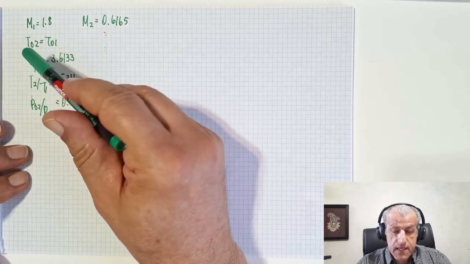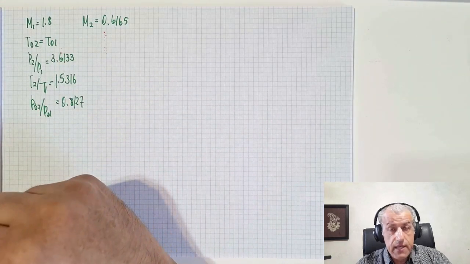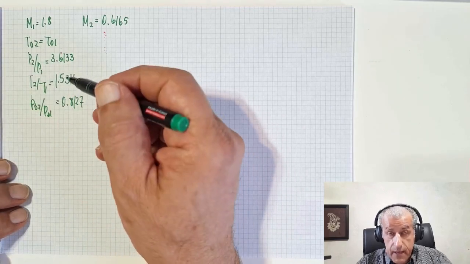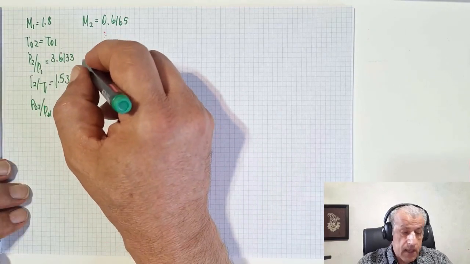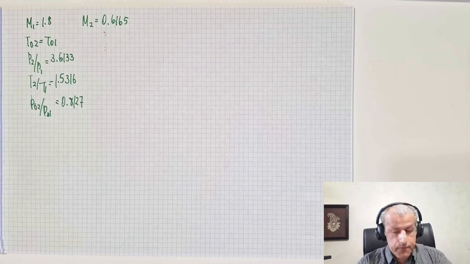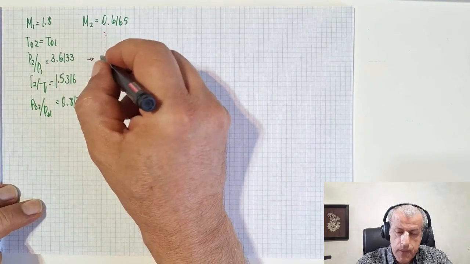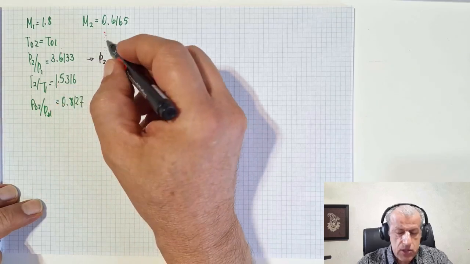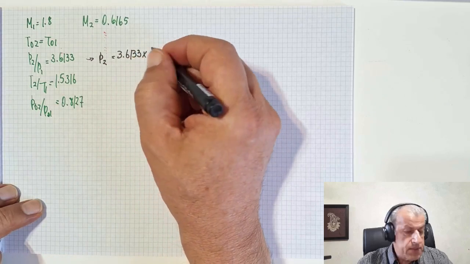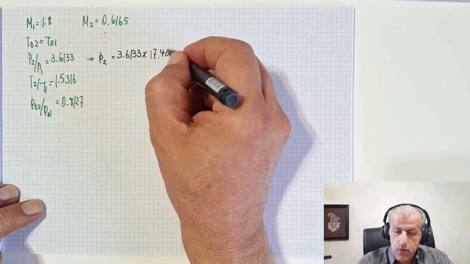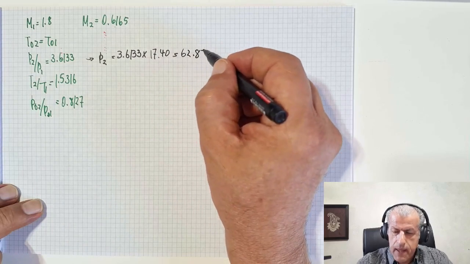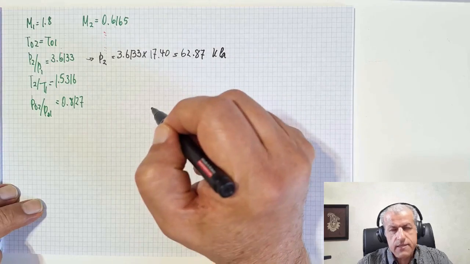You should know that. But if you know that M1 equals 1.8, they tell you that M2 equals 0.6165. This is the static pressure ratio, and since we know the static pressure at point 1 at M equals 1.8, we already calculated it, we conclude that P2, static pressure after the shock, equals 3.6133 times 17.40, and that equals 62.87 kilopascals.